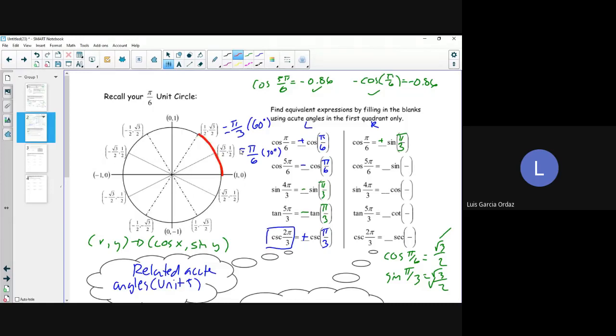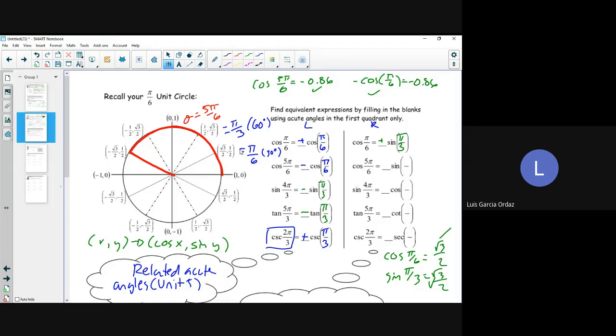And again, I forgot to change the line thickness. So this is 5 pi over 6. Okay, and what does cos of 5 pi over 6 give us?